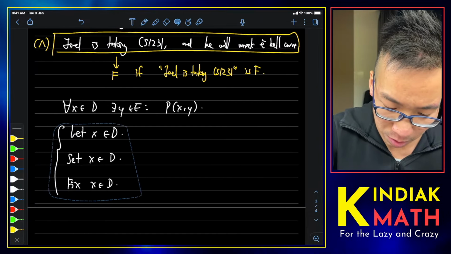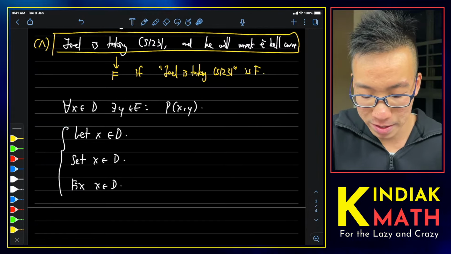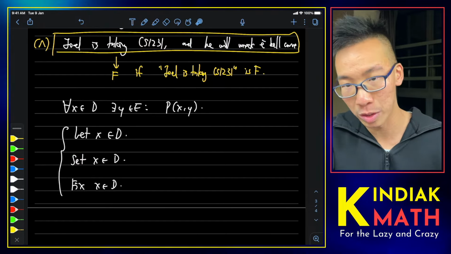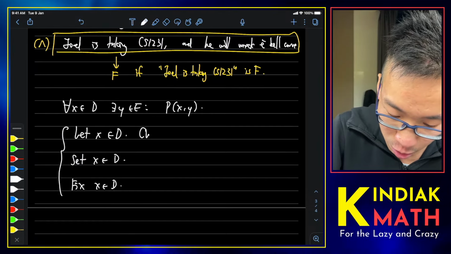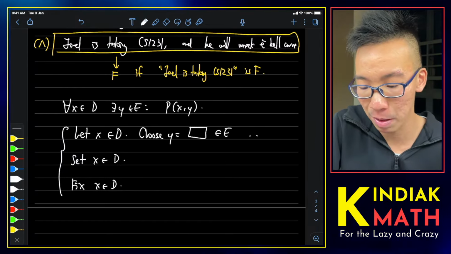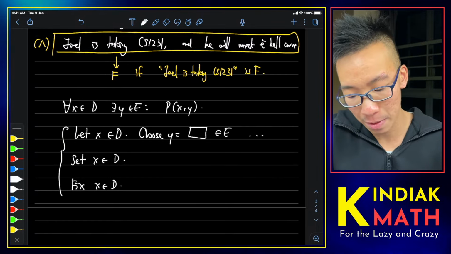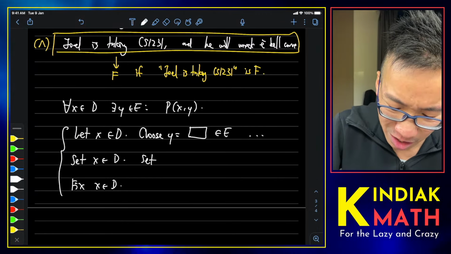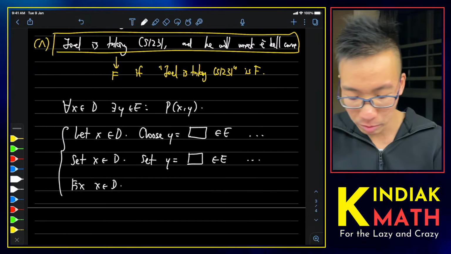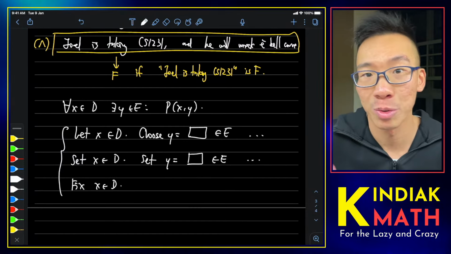Sometimes, if you do it carefully, set might be linked to the there exists part. For example, choose y equals to whatever, which belongs to E. Some people would use set y equals to this in E. I think this is still acceptable, but you have to be clear on what you're doing.